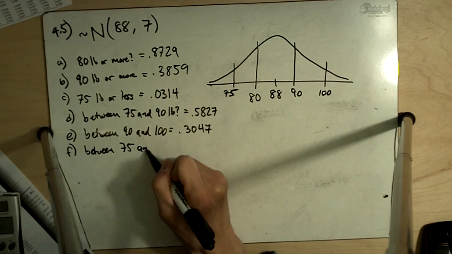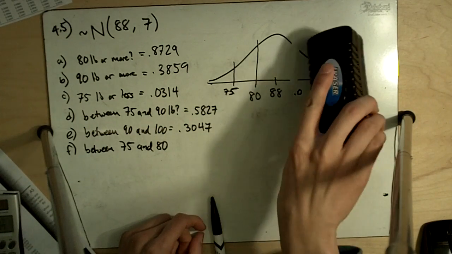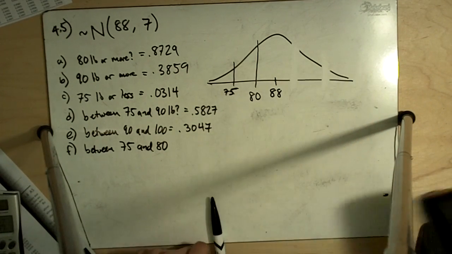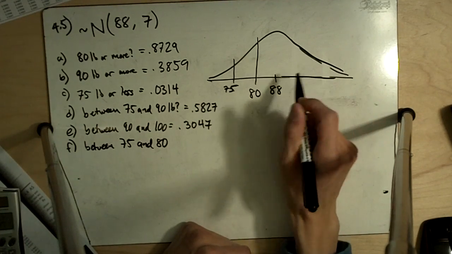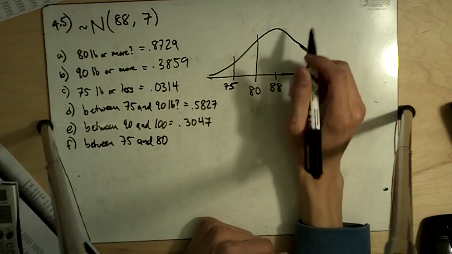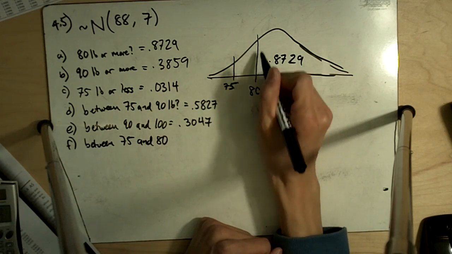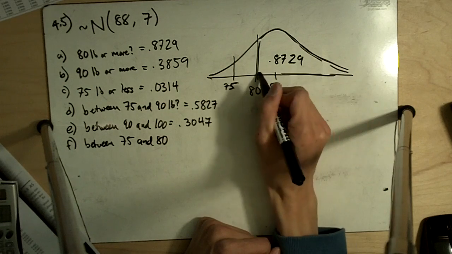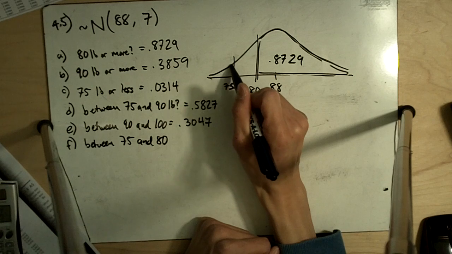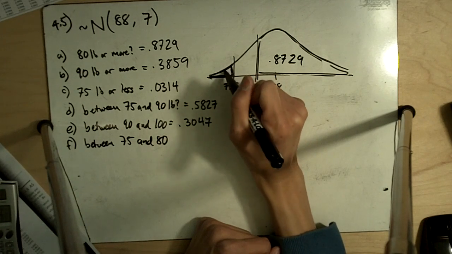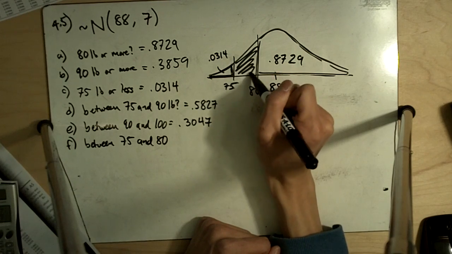So let me just erase these other numbers here. So in part A, we asked what is 80 pounds or more, and we have 0.8729 in this area. And then 75 or less is given by 0.0314, and we're interested in what's in between.